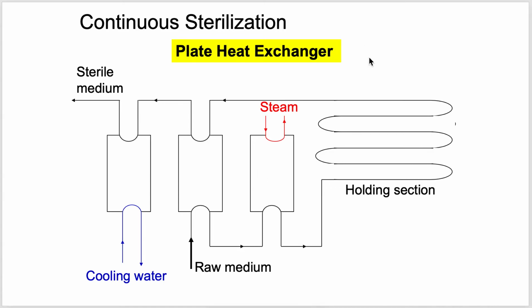So what happens inside the plate heat exchanger? These are different plates. You inject the raw medium from here in this direction. Ignore this sheet first. The raw medium travels through and enters this plate, where you are injecting the steam, so they will get sterilized by the heat from the steam, and then you have to hold them for some time.